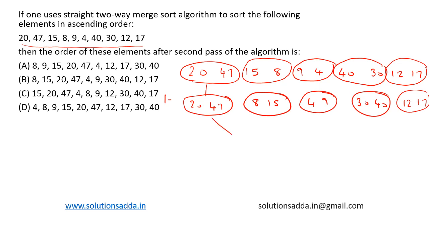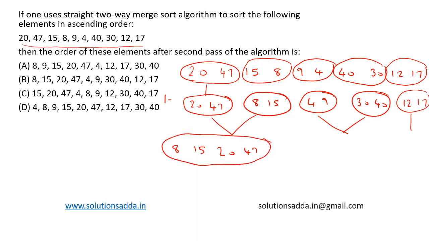Now in round 2, we iteratively solve these. We'll sort these two, and this one, since it doesn't have a pair, will be sorted alone. When combining and sorting, we get 8, 15, 20, 47. This is one sorted list. The next sorted list would be 4, 9, 30, 40.